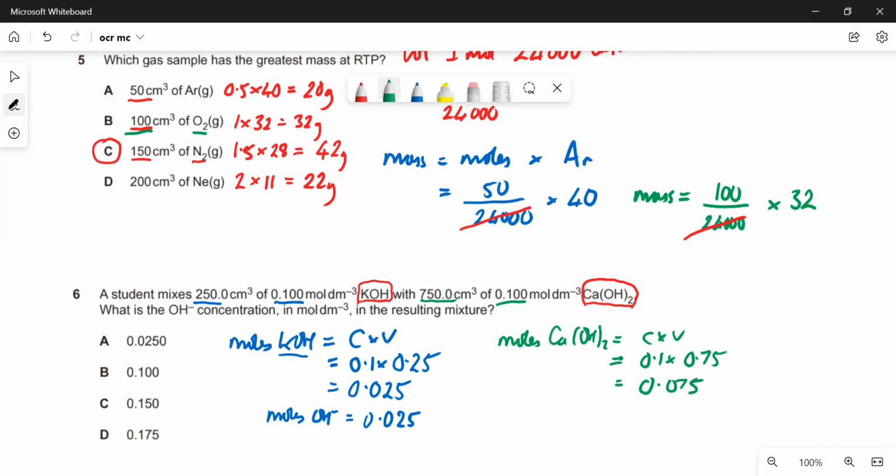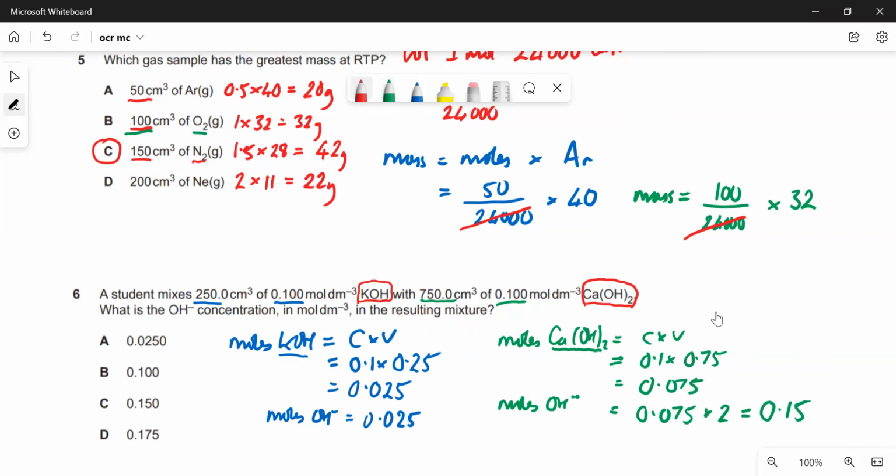Right, so therefore the moles of OH minus for that, we've got to double that, because it's Ca(OH) twice. So that's going to be 2 times 0.075, which is equal to 0.15.